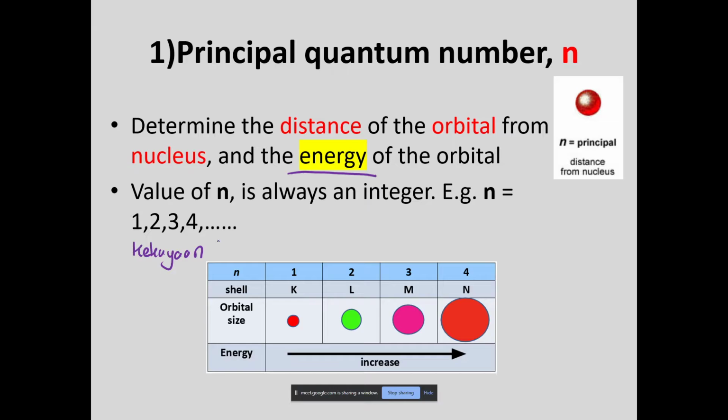And the number is always 1, 2, 3, 4, 5. Dia takkan ada N equal to 1.2, dia tak ada N equal to 1.3. Dia always integers.